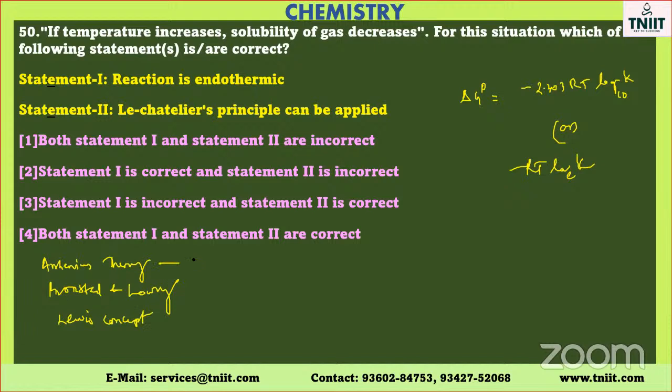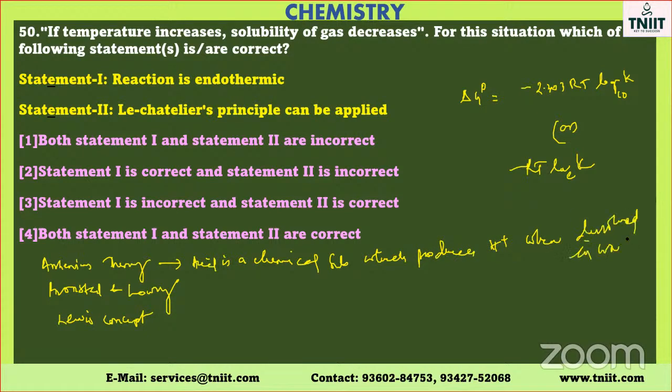According to Arrhenius theory, an acid is a chemical substance which produces H plus ion when dissolved in water. Likewise, a base is a chemical substance which produces OH minus ion when dissolved in water.